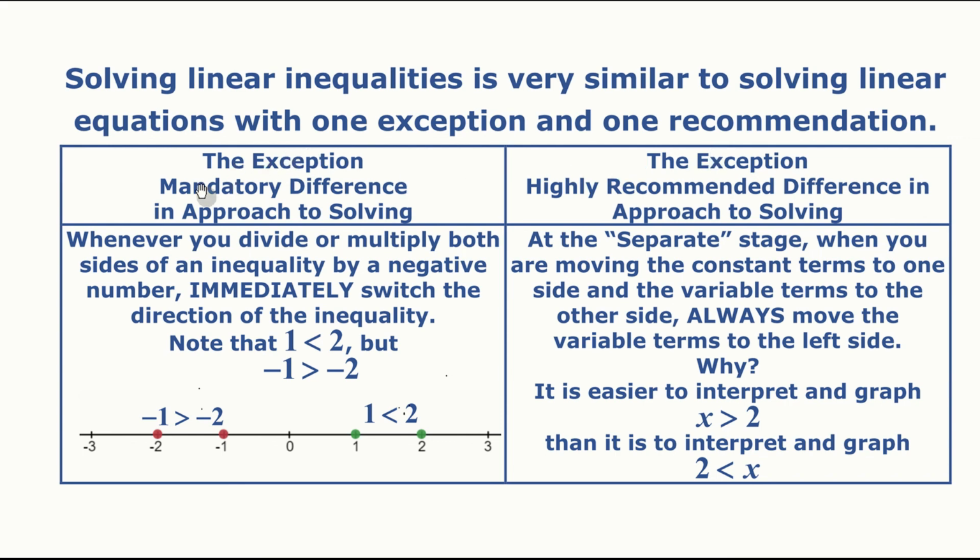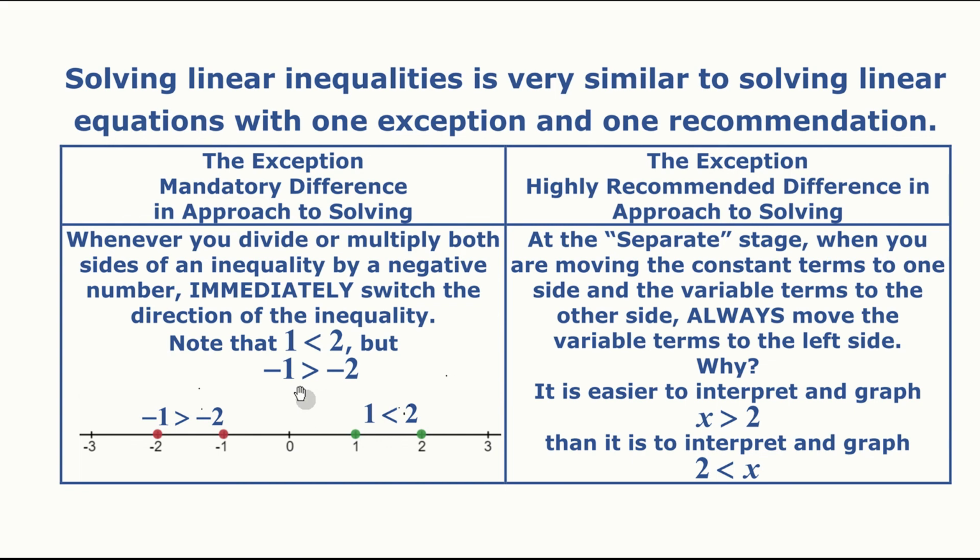The exception is a mandatory difference in approach, and what it states is that if you multiply both sides of an inequality or divide both sides of an inequality by a negative number, you need to switch the direction of the inequality. If it's a less than, you're going to immediately turn it into a greater than, and vice versa.